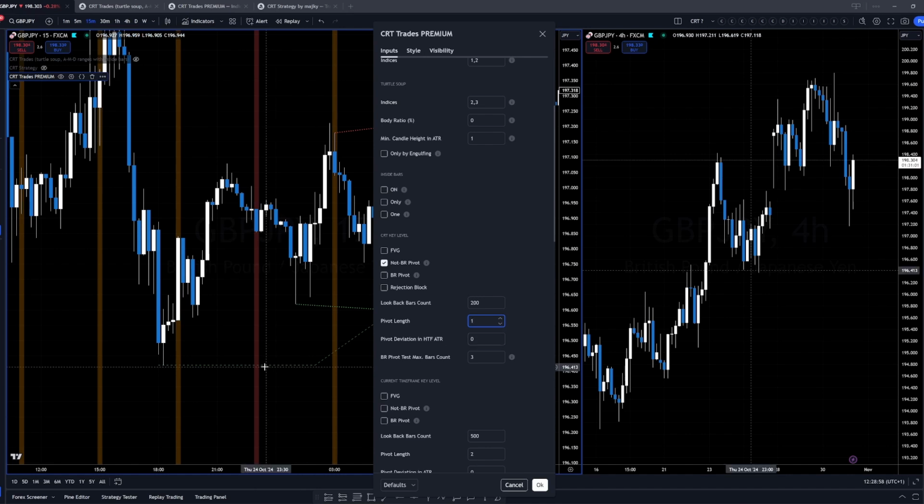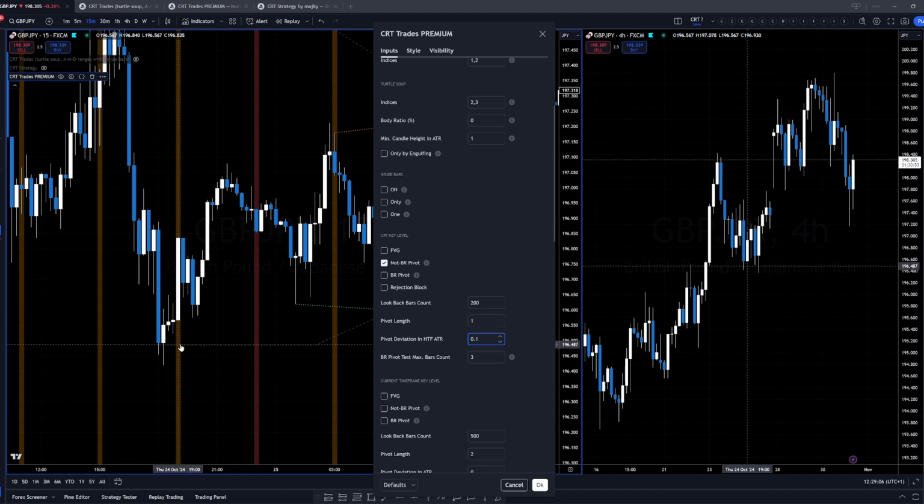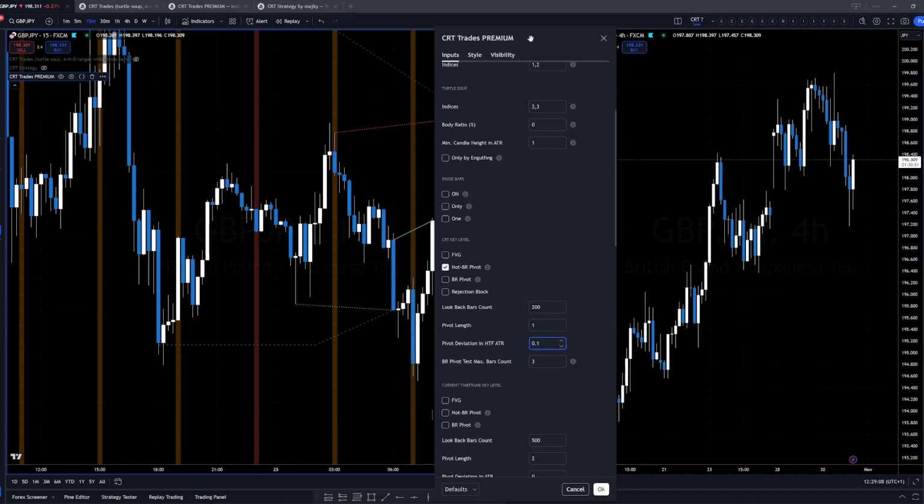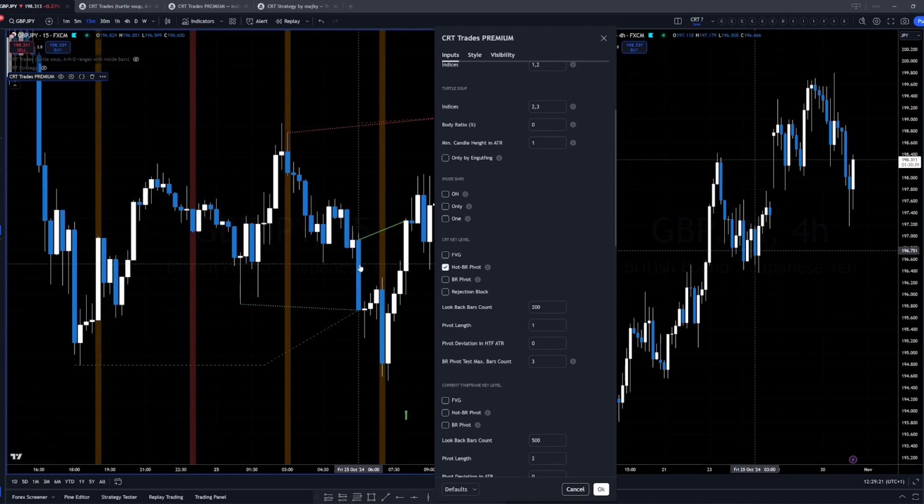It means, for example, if I set 0.1, you can see that it is going higher for the 0.1. And basically what you want to look for is the turtle soup, or the candles after turtle soup, to hit the key level.